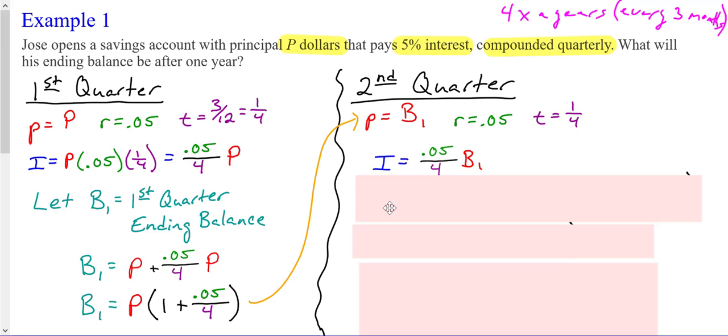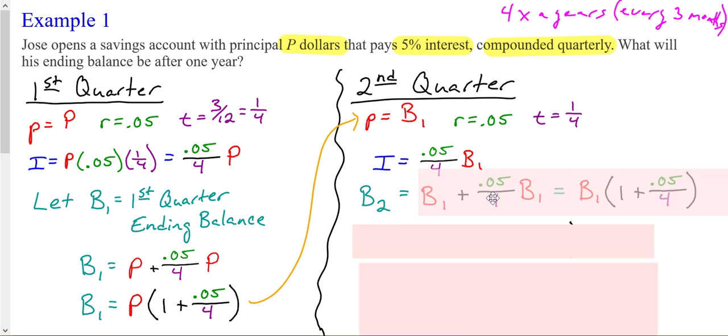And then for this ending balance, we are going to use B sub 2 to represent the balance for the second quarter. So we put in our B sub 1 principal plus our 0.05 divided by 4 times B1.